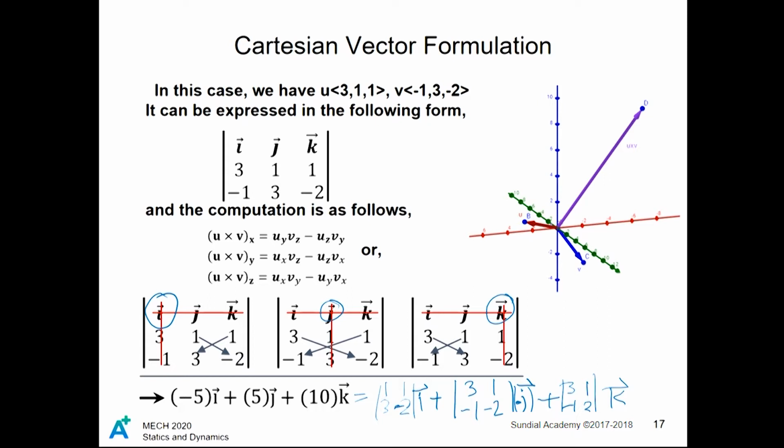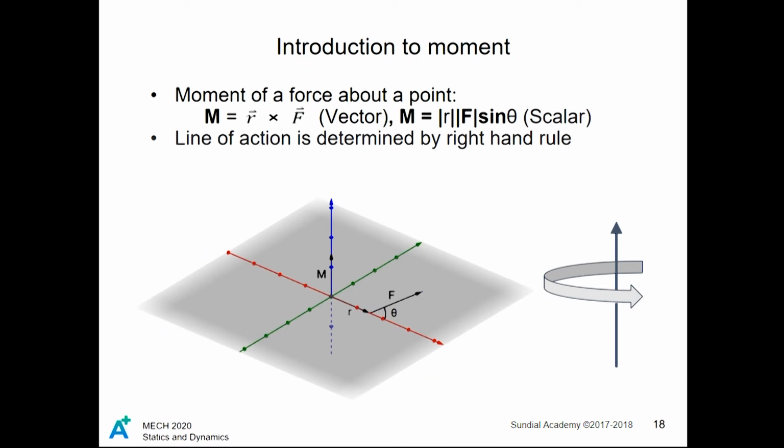And this forms the calculation shown here for cross products in general, or for 3x3 cross products. So there we have our final answer here, which is -5i plus 5j. Remember that this is multiplied with the negative value here, and positive 10k.